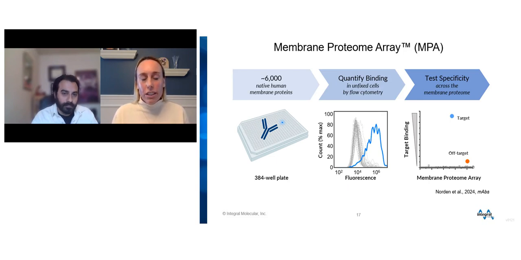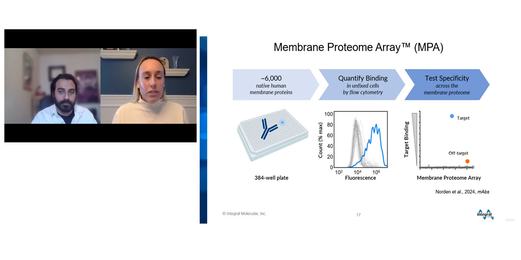At Integral Molecular, we have developed our own cell-based protein array called the Membrane Proteome Array, or the MPA. This is the technology platform that we use to profile specificity of antibodies. This is the platform that we use for all of the data that I'll be sharing in just a few minutes. In the MPA, we have over 6,000 human membrane proteins. They're expressed in their native state within human cells.